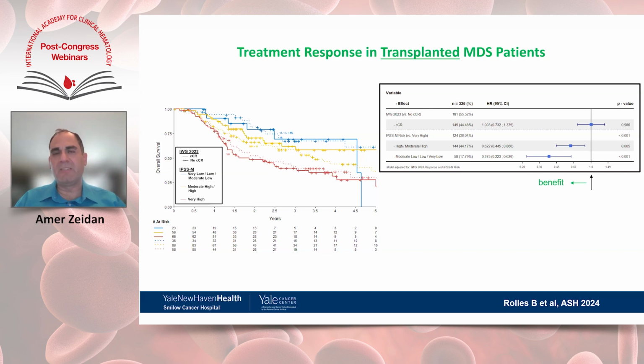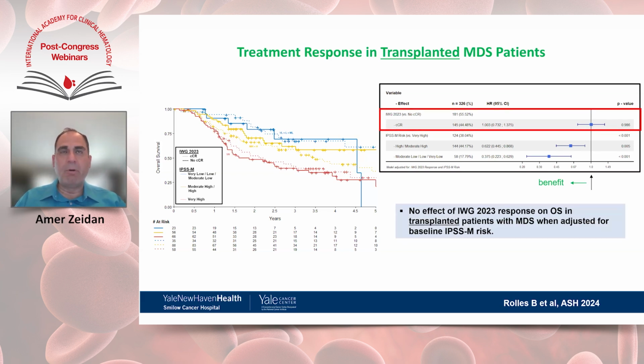And this is important because sometimes our transplant colleagues or our doctors will not send the patient to transplant unless they have less than 5% blasts. And sometimes people get quite dogmatic about having less than 5% blasts. I think this data argues that you don't necessarily need to achieve less than 5% blasts to achieve a response.